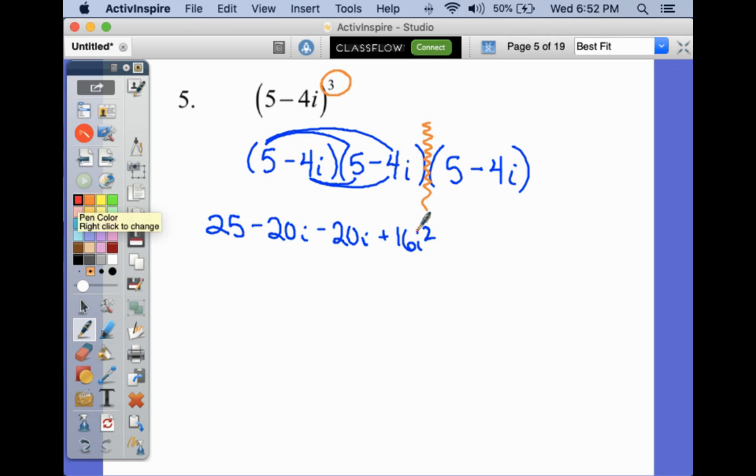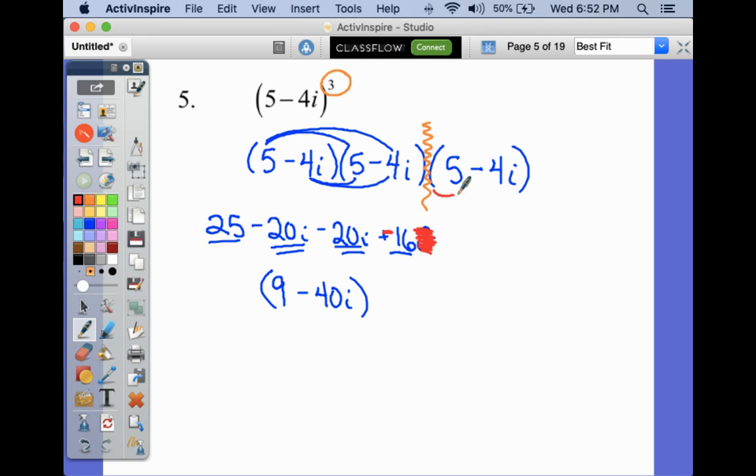And that 16i squared is really like a negative 16. So 25 minus 16 is 9. And our 2 i terms combine to minus 40i.